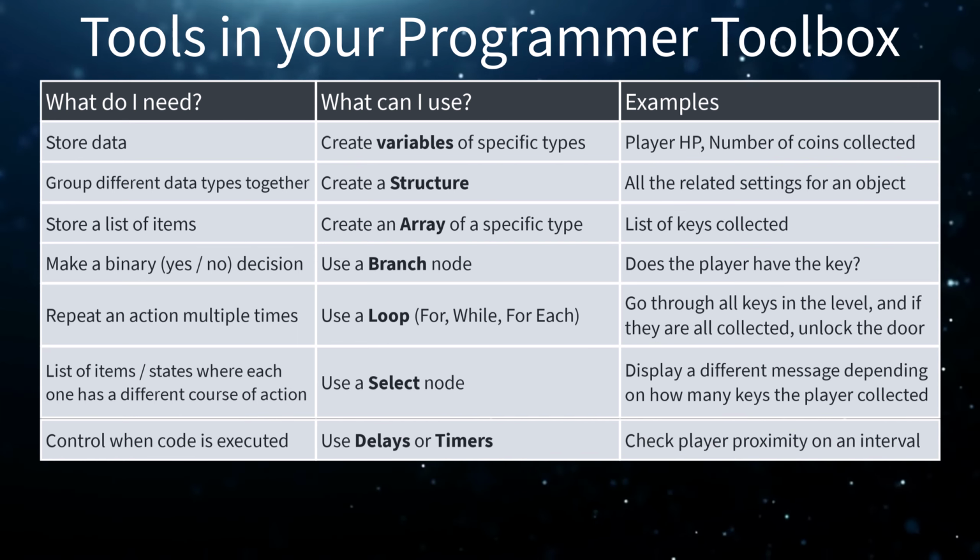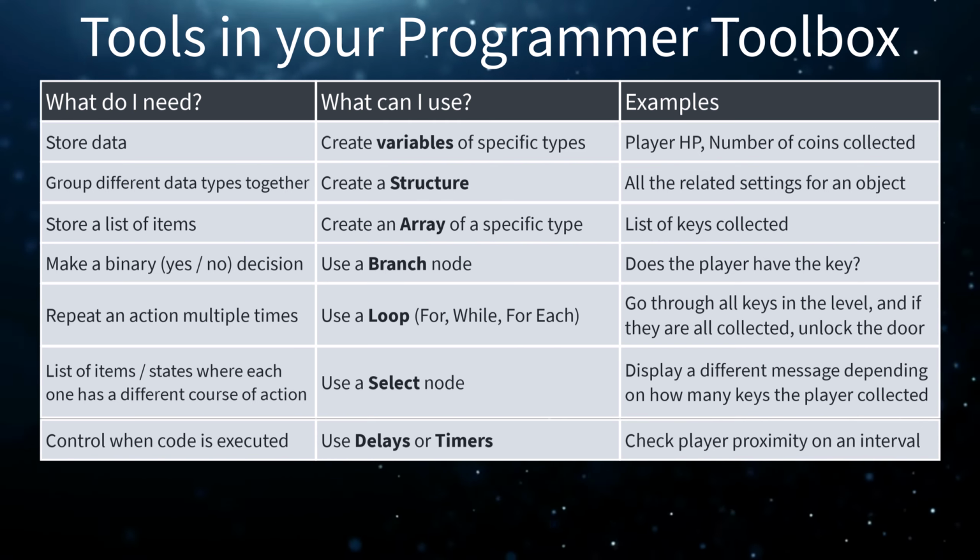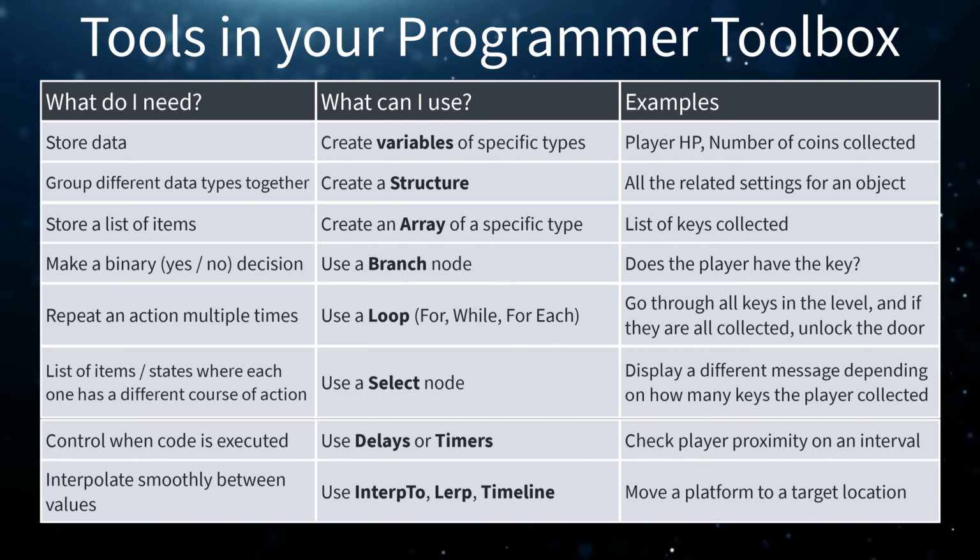For example, you want to check the player proximity on an interval. If you need to interpolate smoothly between values, you can use the interp2, the lerp node, or use a timeline. For example, you want to move a platform to a target location smoothly.